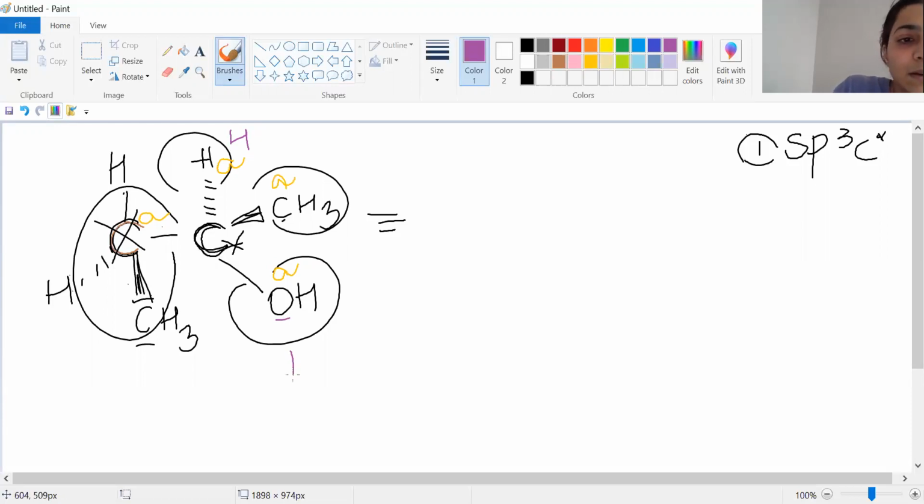Out of methyl and this bulky group, methyl is going to have lesser priority. This group would have more priority.